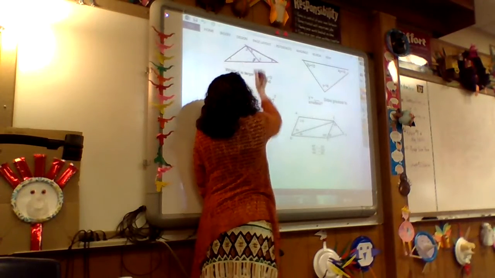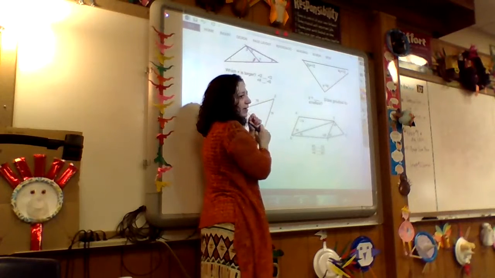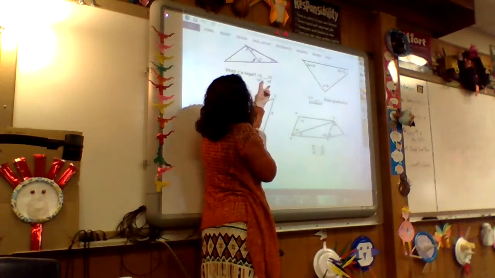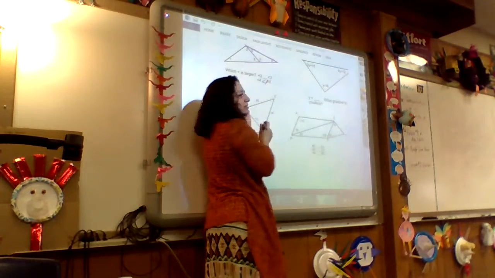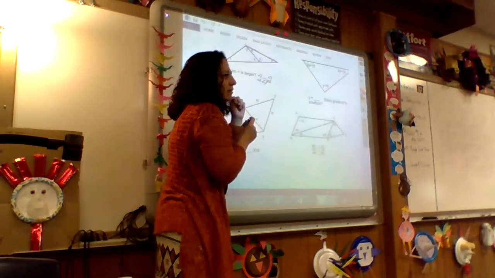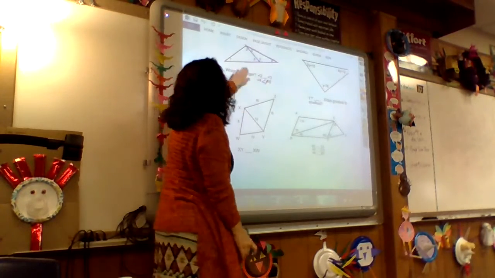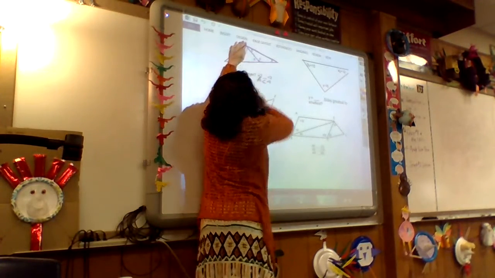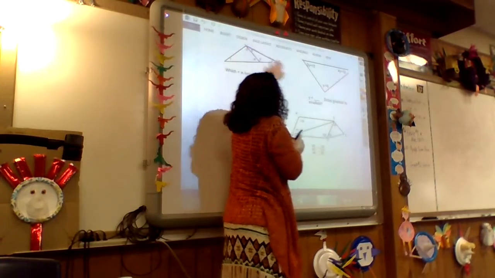So this is exterior, which means it has to equal the sum of 5 and 4. So which one is bigger? Angle 6 is greater. Even though there are two different triangles there, there's still one angle that was an exterior angle to this triangle. That's using the exterior angle theorem.